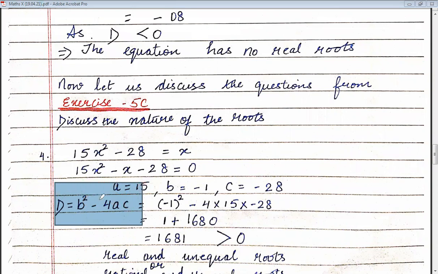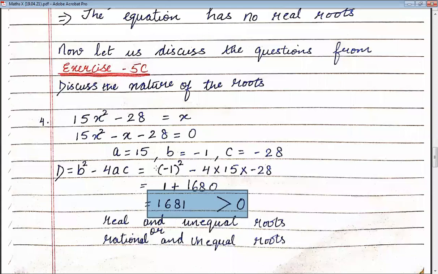After solving, your discriminant is greater than 0, so definitely it is going to have real and unequal roots. And the square root of 1681 is equal to 41.